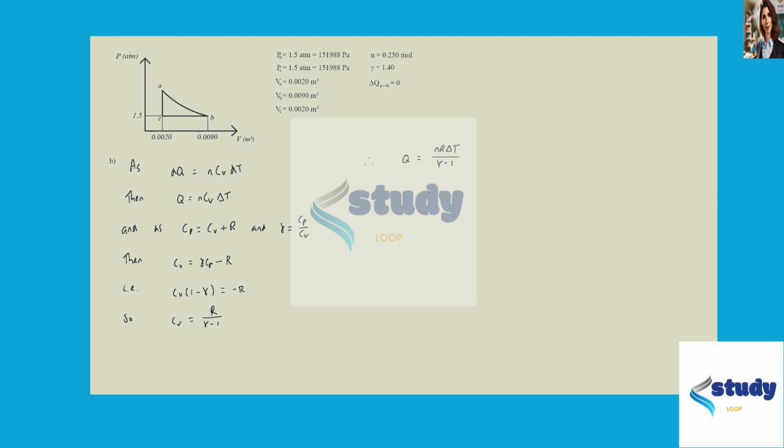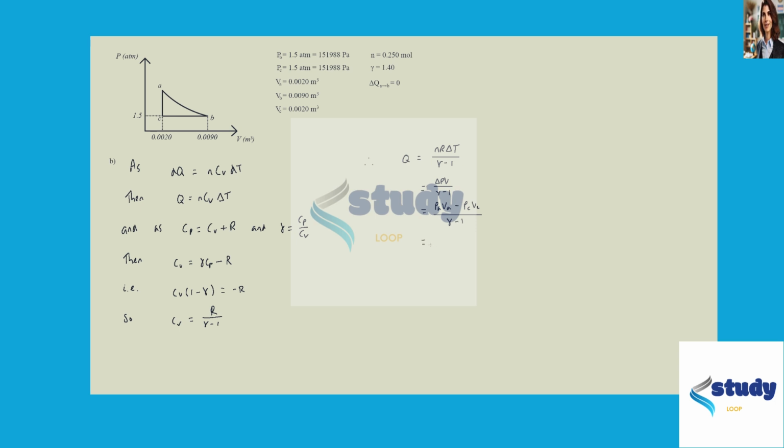And we know that PV is equal to nRT. So we can say that the difference in PV over gamma minus 1 is equal to the heat energy. This is from the ideal gas law. By substituting in our values that we know, so by expanding the delta, PAVA minus PCVC divided by gamma minus 1.